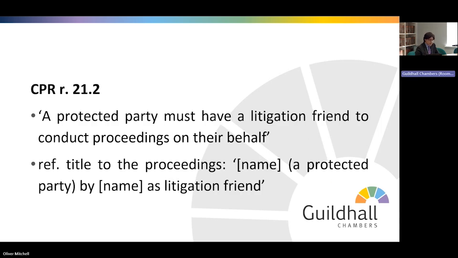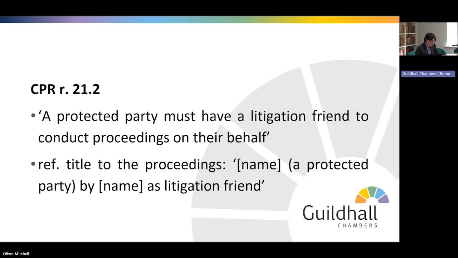21.2 contains the key provision that a protected party must have a litigation friend to conduct proceedings on their behalf. A litigation friend has a duty to take all measures that they see fit for the benefit of the protected party to safeguard their interests for the purposes of the litigation, and to do so under proper legal advice if and as appropriate.